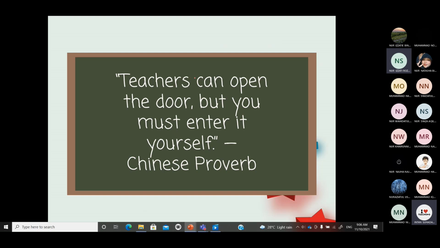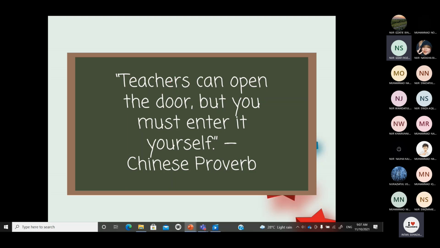Okay, so this is a motivational quote for all of you, right? So teachers or lecturers, the same. Teachers can open the door, but you yourself, student, must enter it yourself, right? So I hope you understand this.